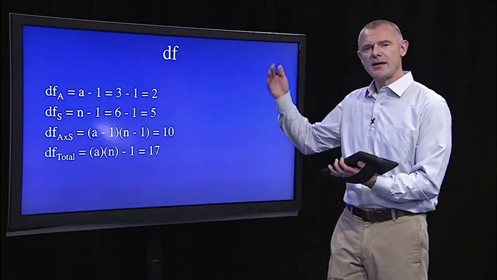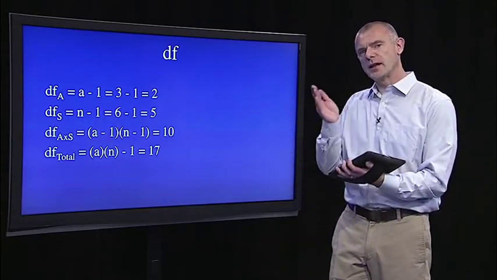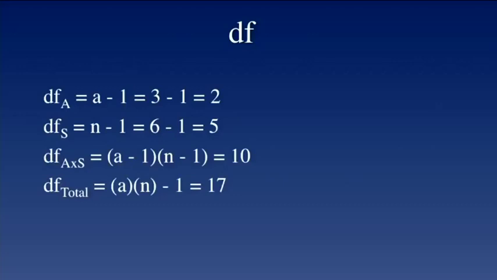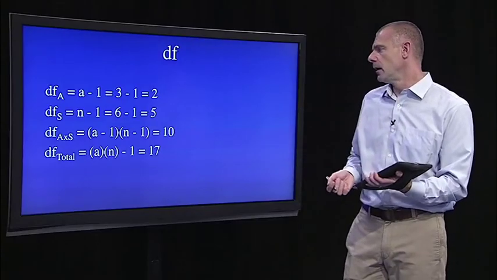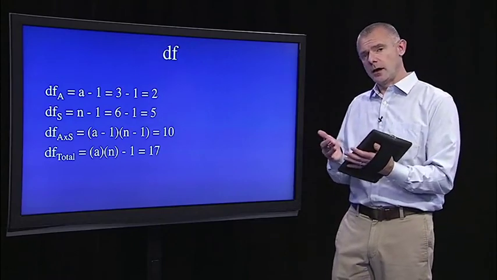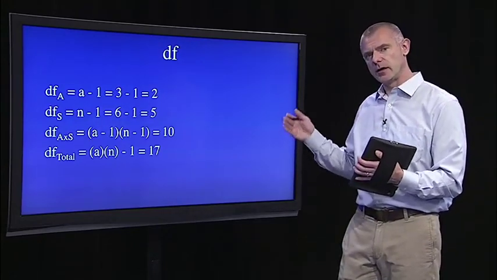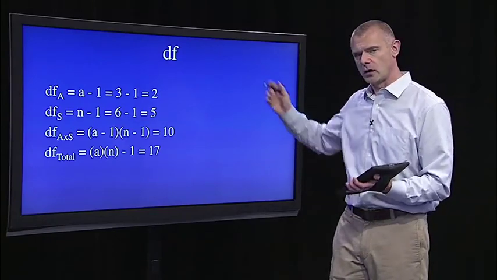The degrees of freedom for A, there's 3 levels, so it's just 3 minus 1 or 2. We have to calculate degrees of freedom for subjects. I just put 6 in this example. We'd want more than that. But just for ease of illustration, I put in 6. So degrees of freedom for S is 5. To get the interaction, you just take the product of those. So that's 10. And the total is the number of conditions times the number of subjects, a times n, minus 1. And those all add up.